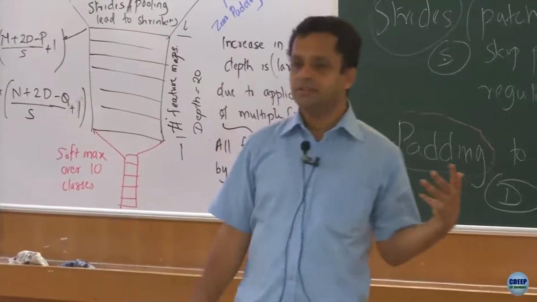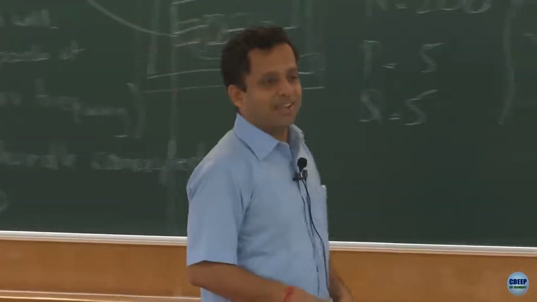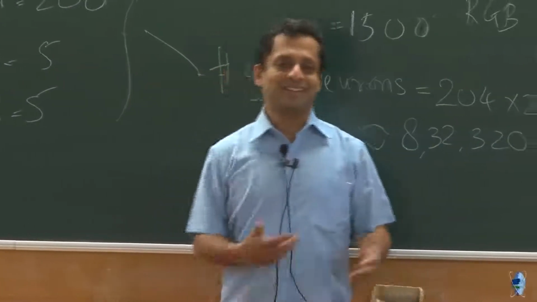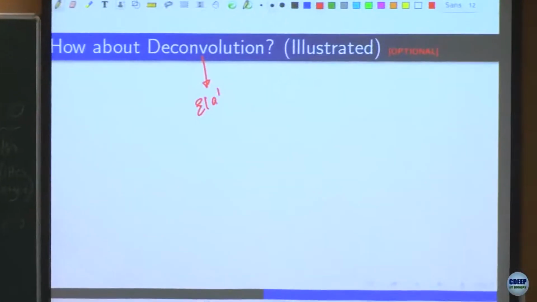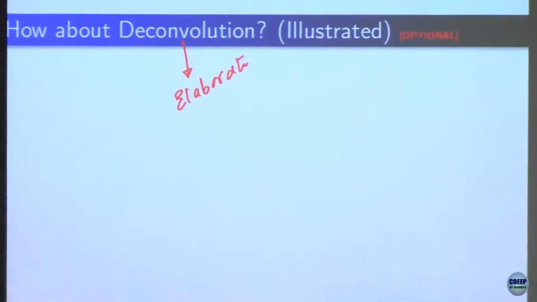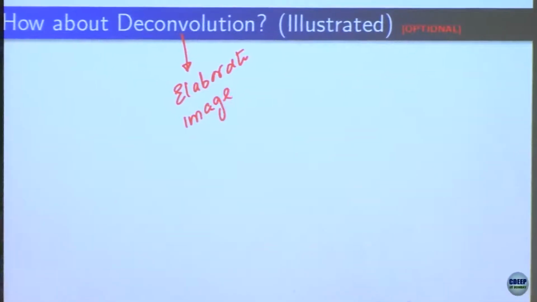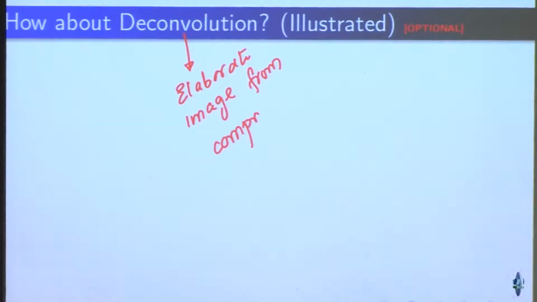Deconvolution would try to desummarize. So expand, elaborate. Let's say I want to elaborate an image from compressed features.